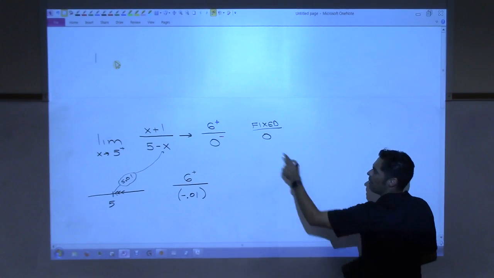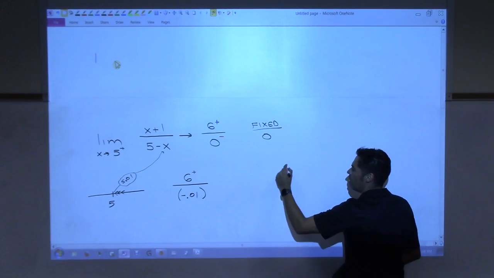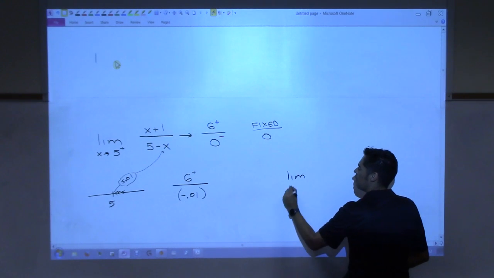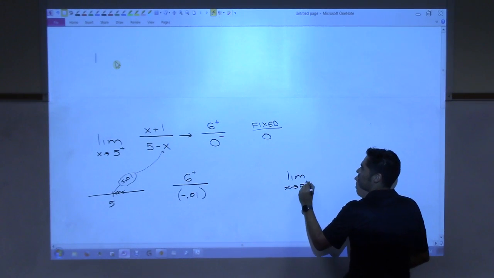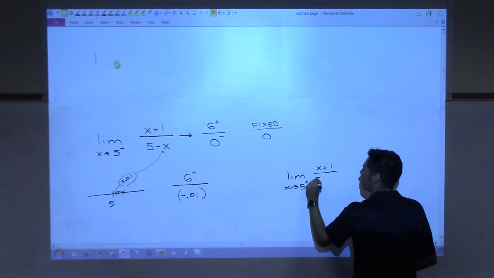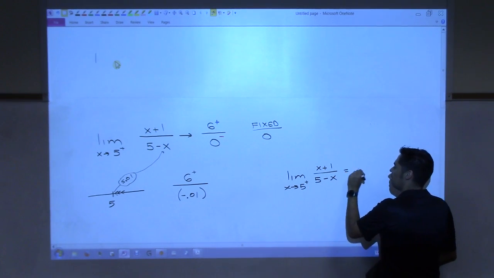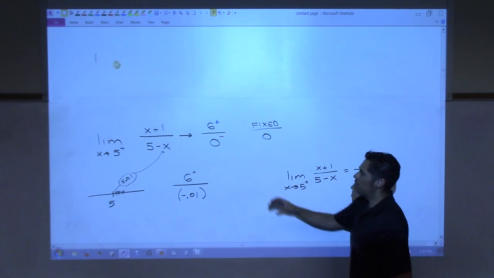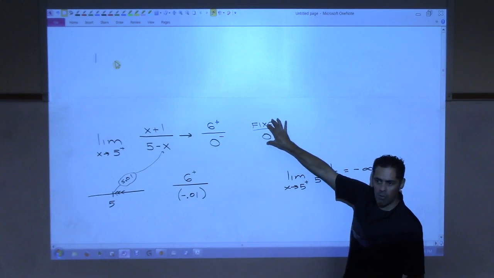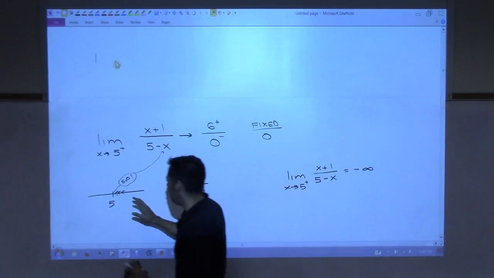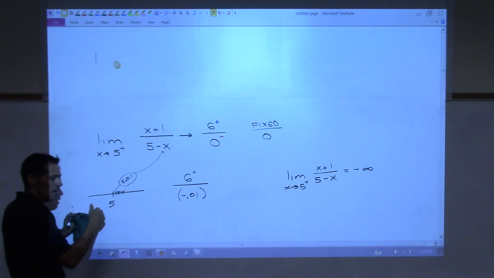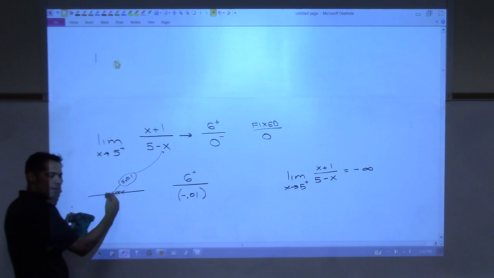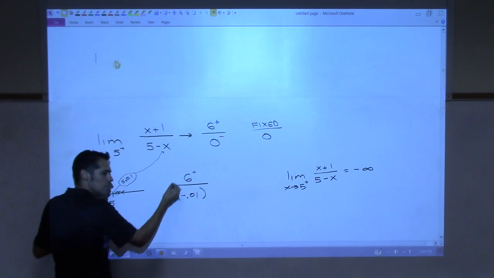So I just put my answer, I would just write the limit down again. And you might be sitting there saying, well, how do I show my work for this? You need to just show me that you know that you're getting this form. You need to show me a little bit of analysis that you've actually considered which side you're coming in from, and that you've analyzed what happens when you do.